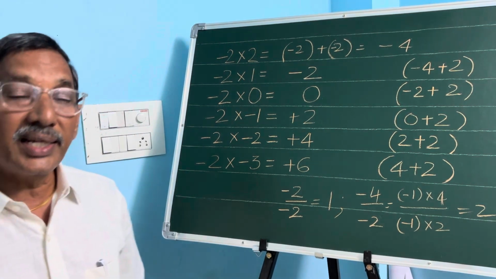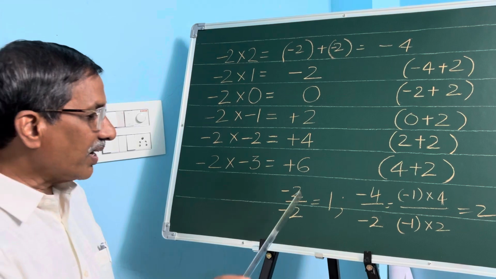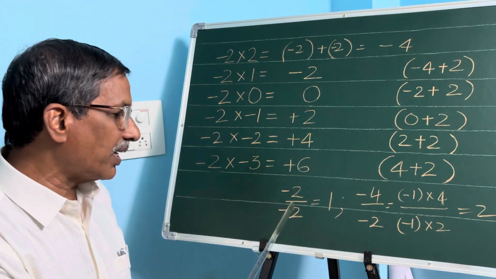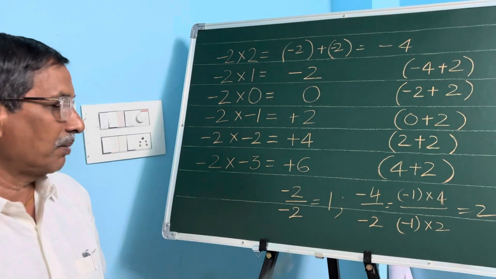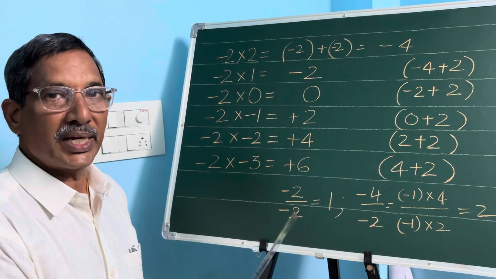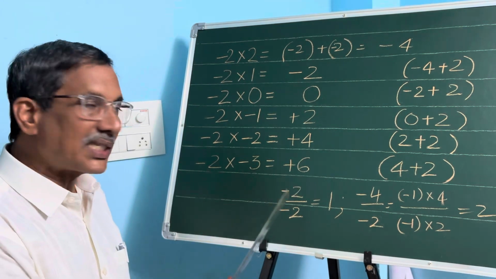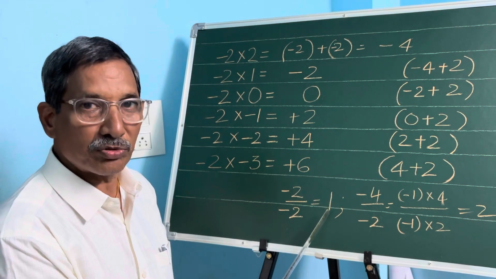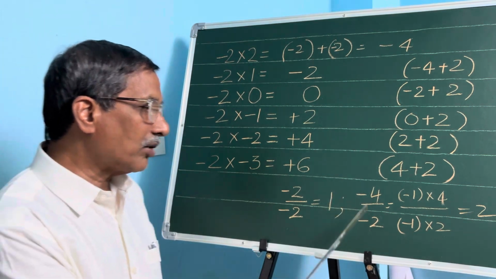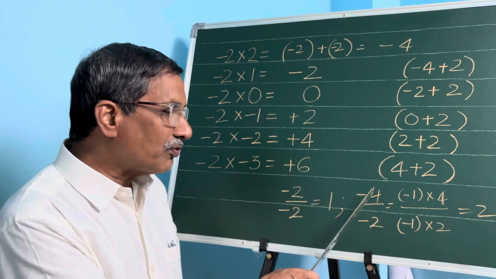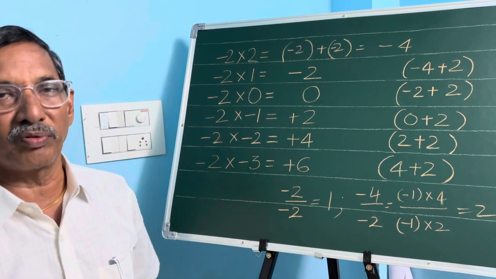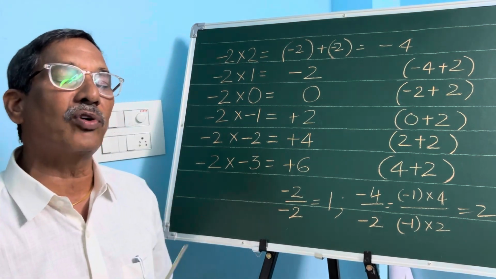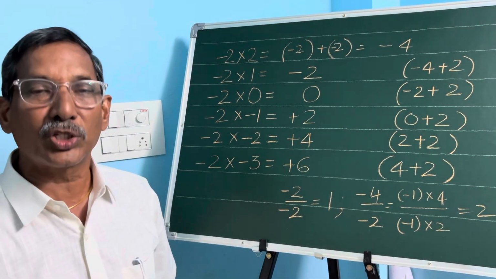Friends, in division also, when a negative number is divided by another negative number, see, minus 2 divided by minus 2, because both are the same numbers we get 1, that is plus 1, a positive number. Coming to the next one, minus 4 by minus 2. We know that when 4 is divided by 2, we get 2.